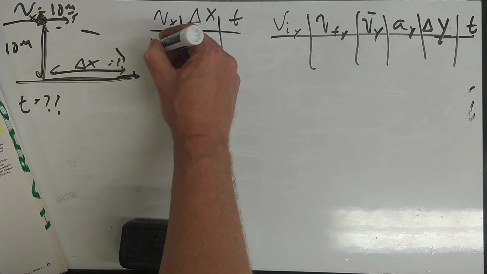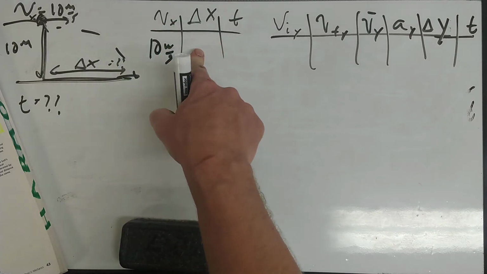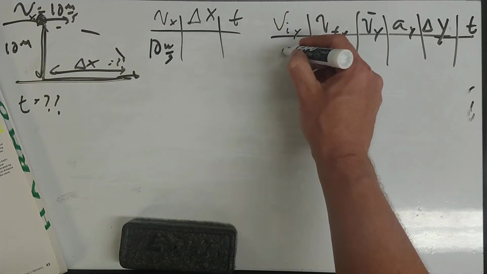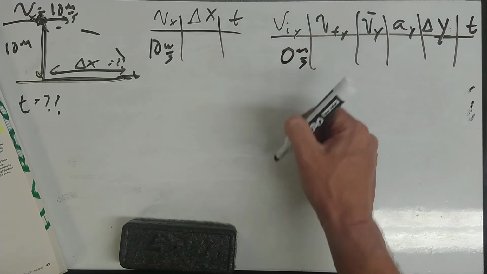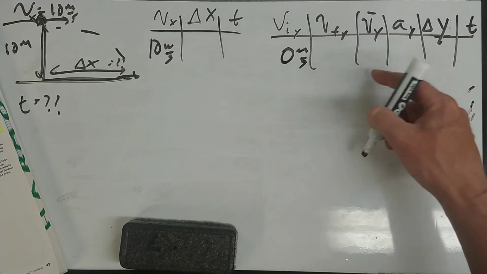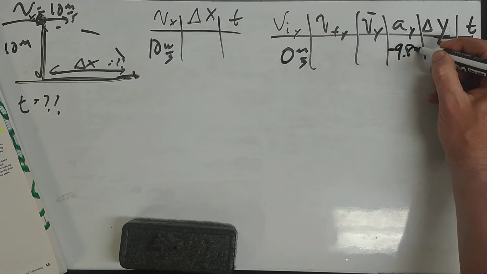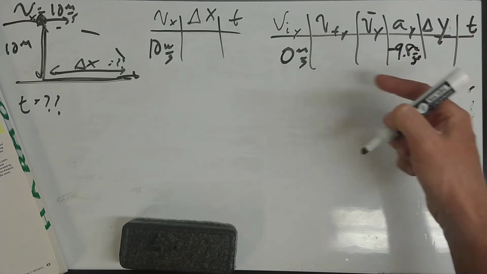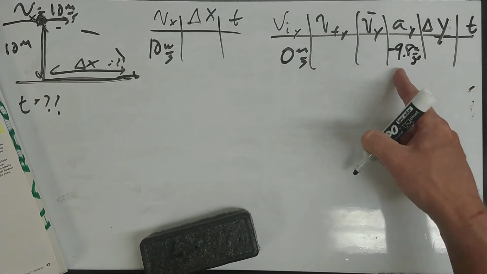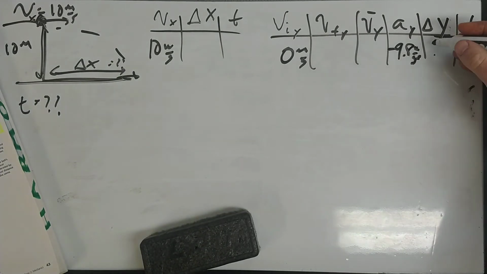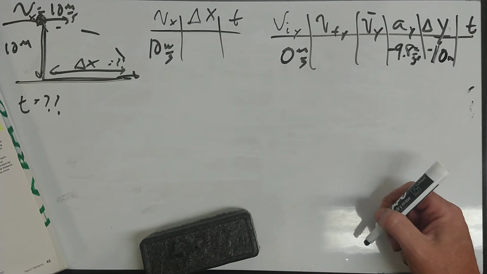So 10 meters per second, that's our Vx. Delta x we don't know, t we don't know. Viy, launched horizontally, so that's 0 meters per second. V final y we don't know, v average y we don't know. Acceleration y we know is negative 9.8 meters per second squared. You could make this positive if you say down is positive, and then you need to make delta y positive. If I make ay negative, I have to make delta y negative to be consistent. I'm saying down is negative. So delta y is negative 10 meters.